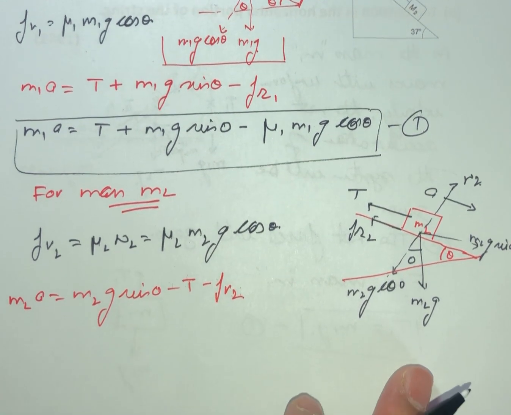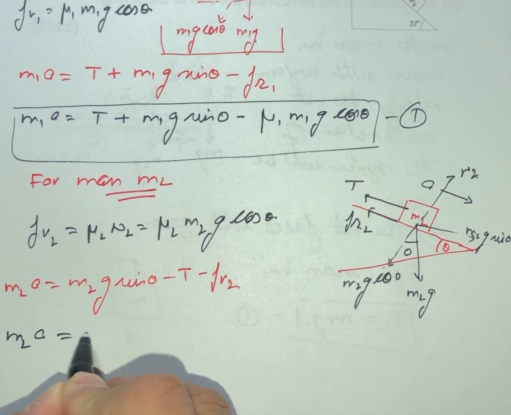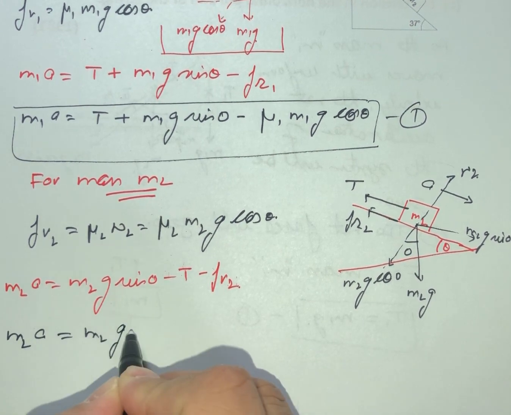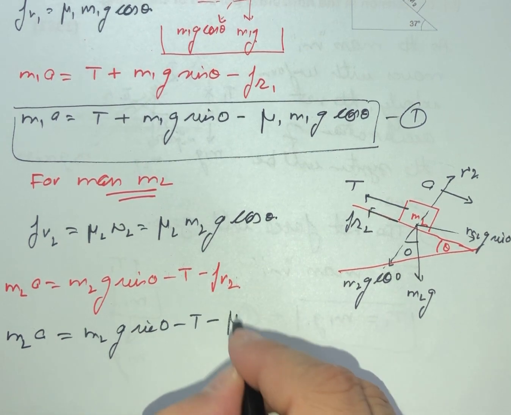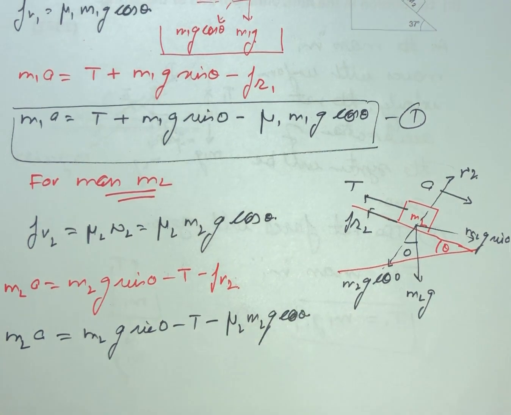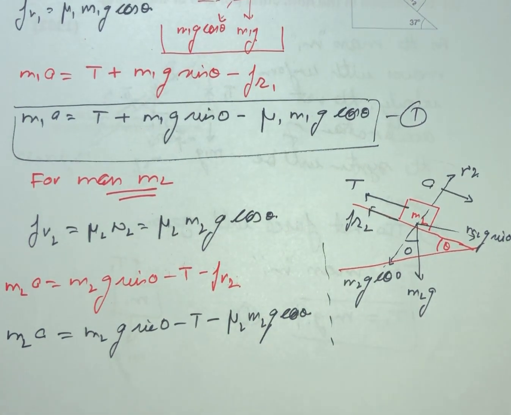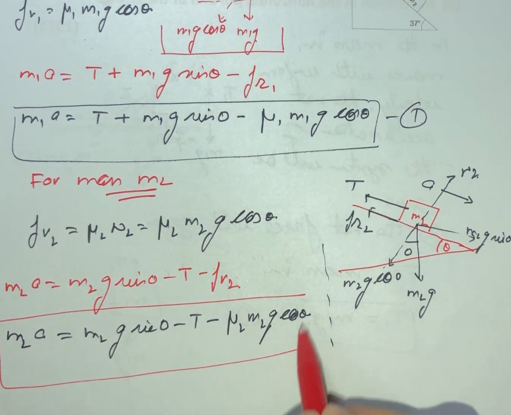We substitute the value of Fr2, and we get m2a is equal to m2g sin theta minus T minus mu2 m2g cos theta. Let us call this equation number 2.